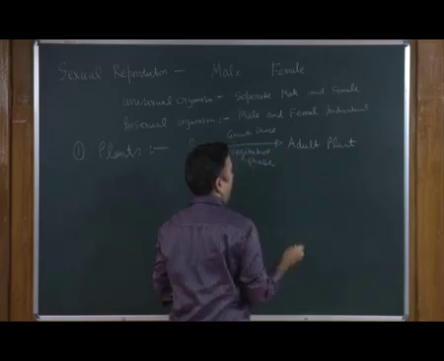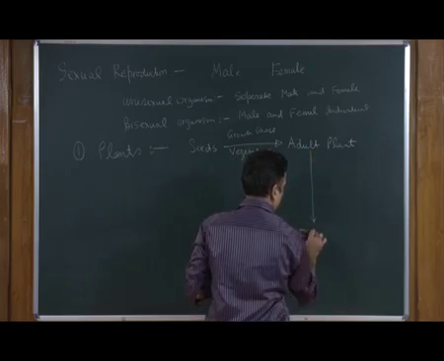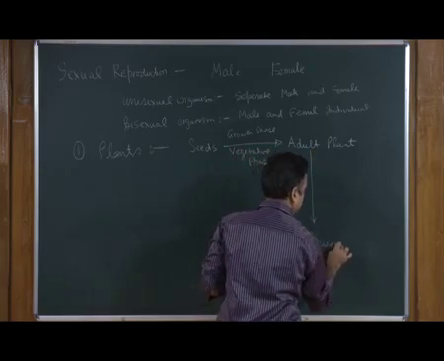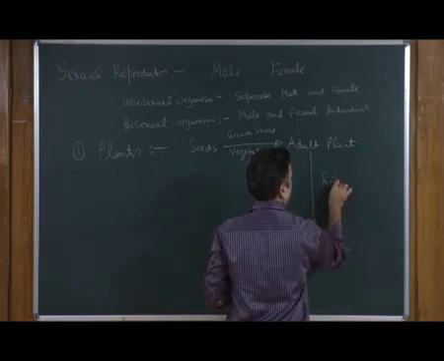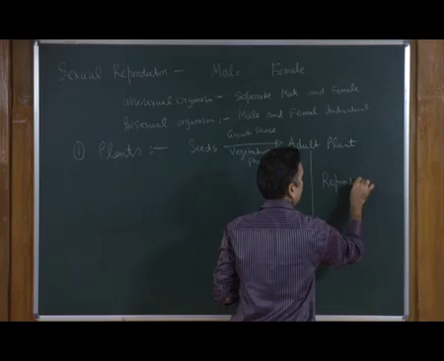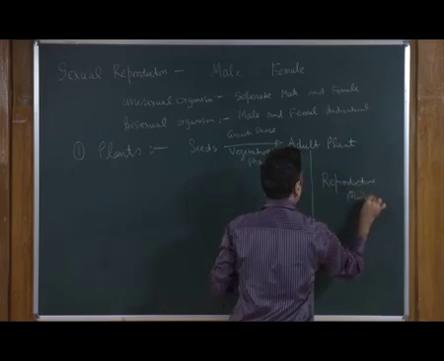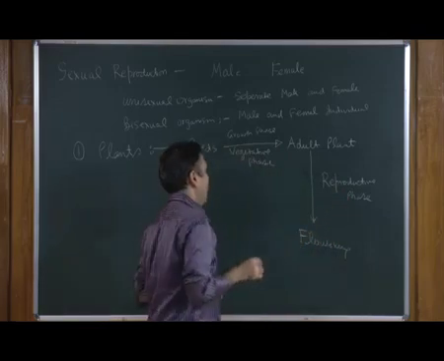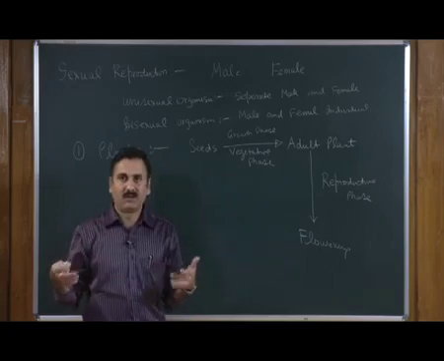Once the adult is formed, it starts flowering, and this is called the reproductive phase. This is the phase when flowers are formed in these plants, and then they can start sexual reproduction.